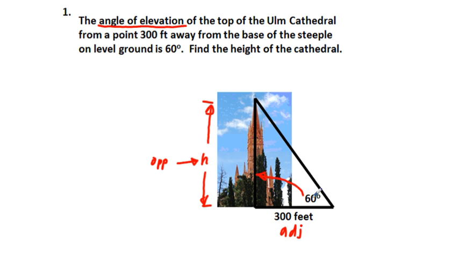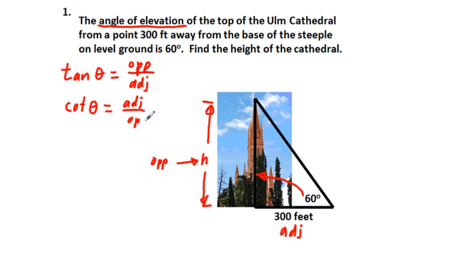So our trigonometric ratios that are going to be helpful are either the tangent of an angle, which is opposite over adjacent, or cotangent, rather, which is adjacent over opposite.